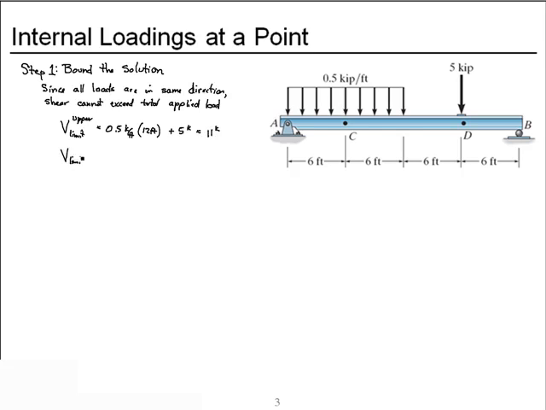The lower bound limit, well, can't be less than 0. We don't expect it to get too close to that either, considering that the points C and D are getting close to the supports where the shear tends to be highest.